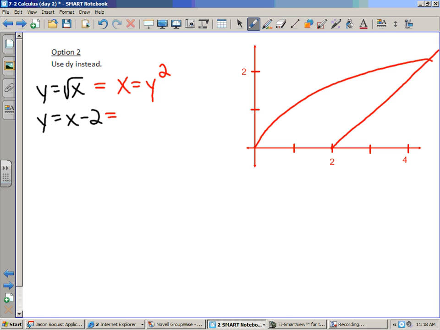And this one is x equals y plus 2. Which one of these over here is the x equals y squared? Yeah, this one right here, right? Here's x equals y squared. And here is x equals y plus 2. This is going to end quicker than you think.